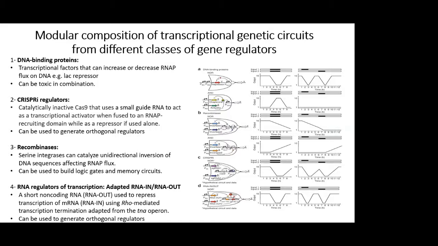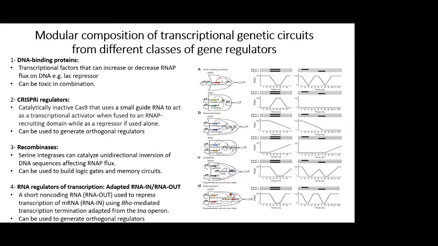Because one of the failure modes of genetic circuits, which I will talk about later in the presentation, is that you could have crosstalk between different circuit regulators. So having orthogonal regulators will allow scaling up genetic circuit design, because you have many regulators to choose from to build your circuit.